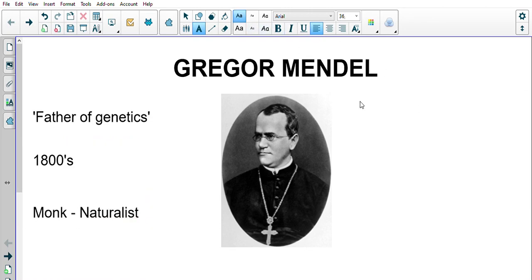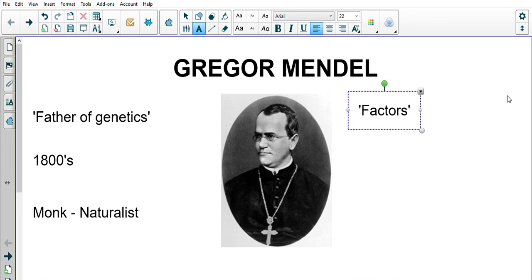At the time, there was no concept of DNA, no concept of the structure of cells and all those kinds of things. They didn't even have much of a microscope in those days. What they had was an understanding of these things they referred to as factors that were passed on from generation to generation.